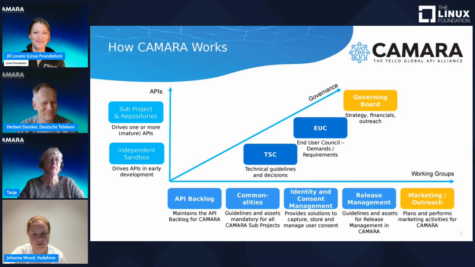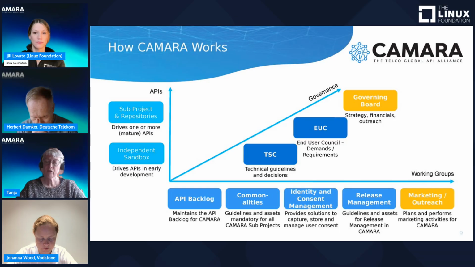Okay, now it's good. All right, first I'll have a quick overview of how CAMARA works as a project. In CAMARA we have 5 working groups, which you see listed at the bottom here. The API backlog group is where people can submit new APIs to the CAMARA team, where they will be reviewed, explained, and then progressed until a state where they can be submitted for approval to be taken into CAMARA.